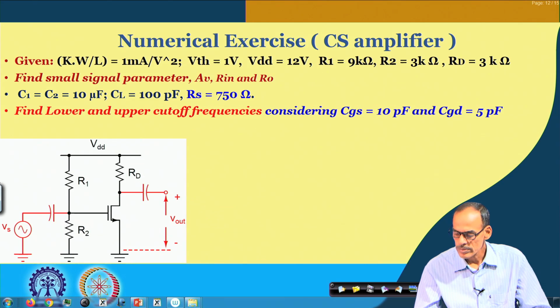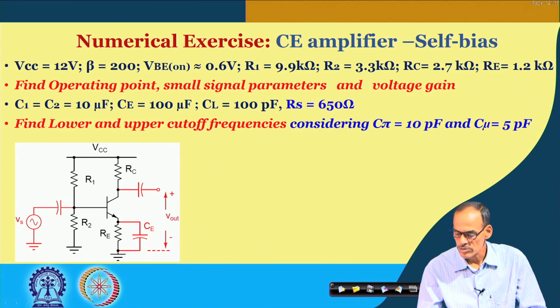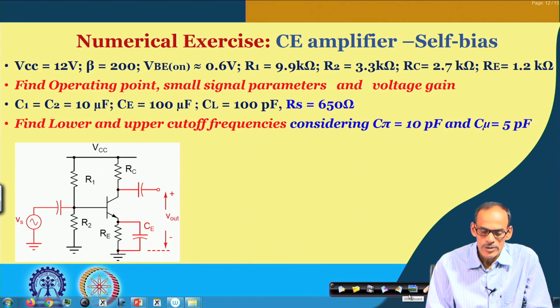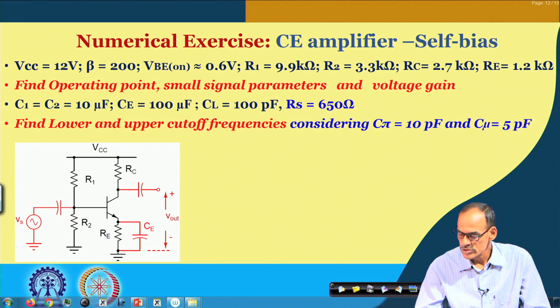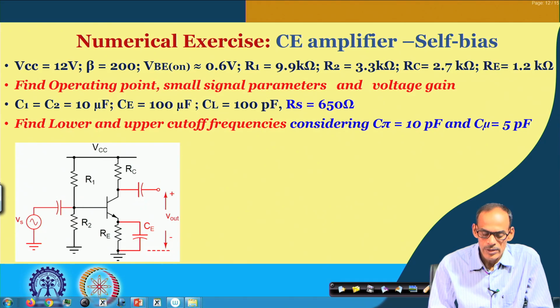Now, we can do probably one more exercise, which is self biased, but I suggest that you try it out to solve this problem. I will give a little hint. First of all, here again we shall try to find the operating point of the transistor.